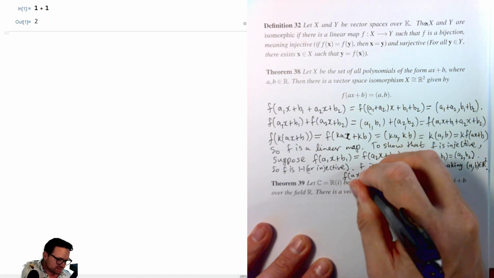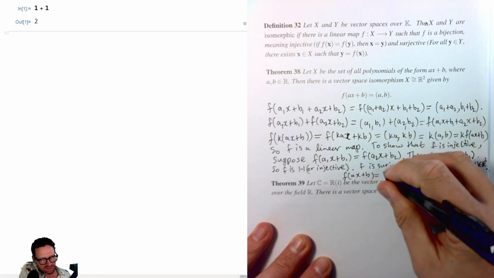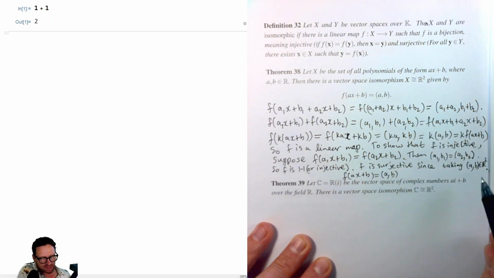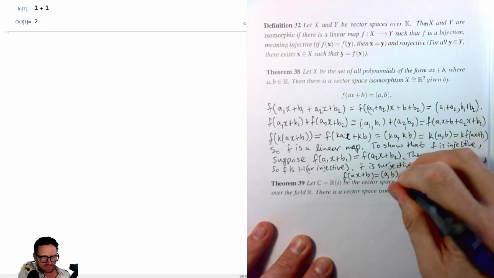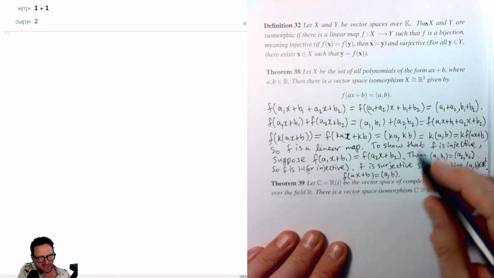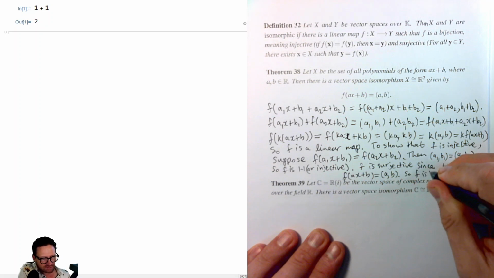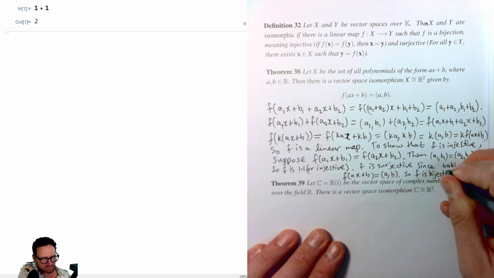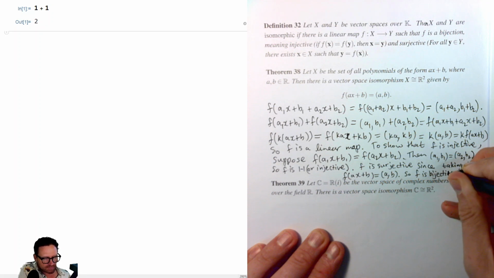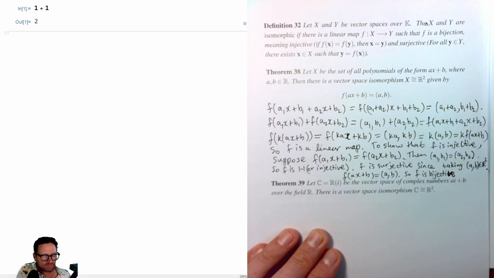So f of ax plus b equals (a, b). So every element came from somewhere in the domain. Okay, so f is injective and surjective, so f is bijective. And it is a linear map. A bijective linear map is a vector space isomorphism.